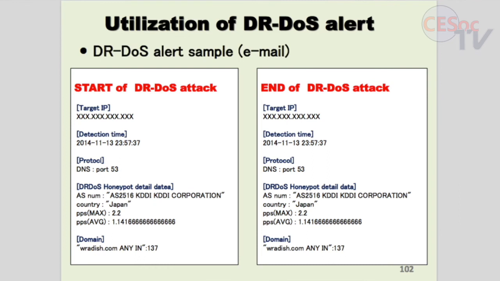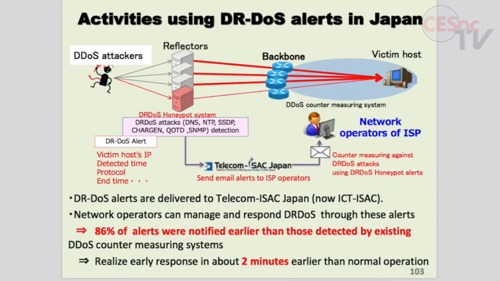The DDoS alert has two types of alert. One is the start of DDoS, detecting the start of the attack using the honeypot. And another one is the end of DDoS. This is also important because informing of the end of DDoS is very useful for the ISP or end user.